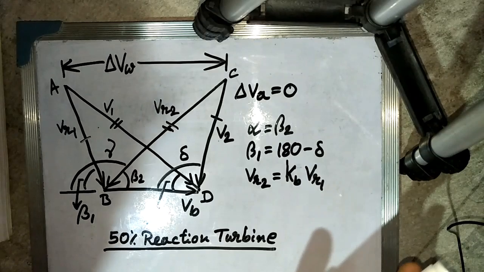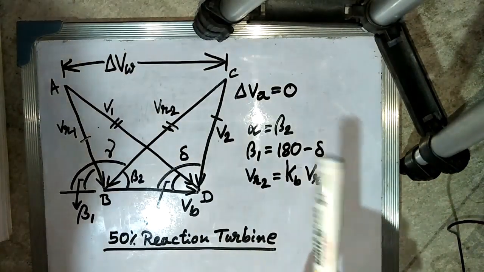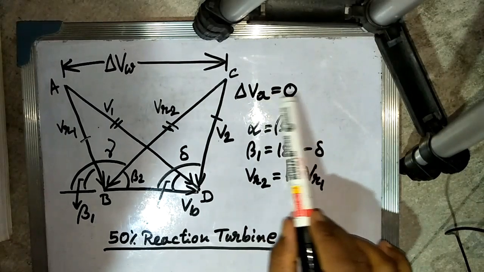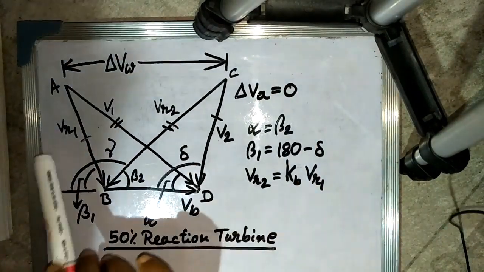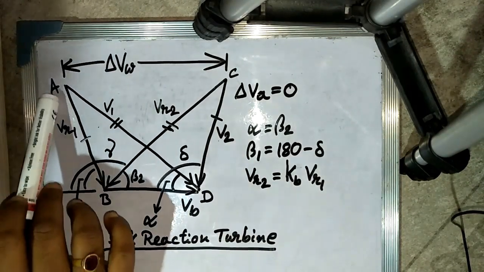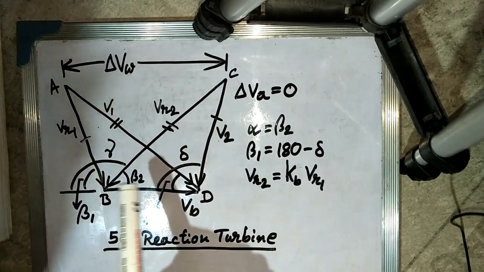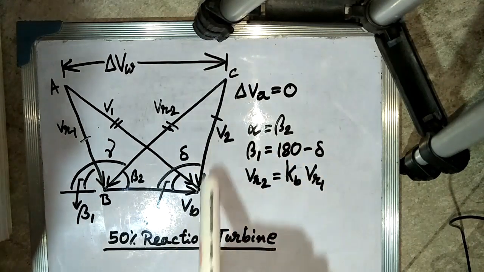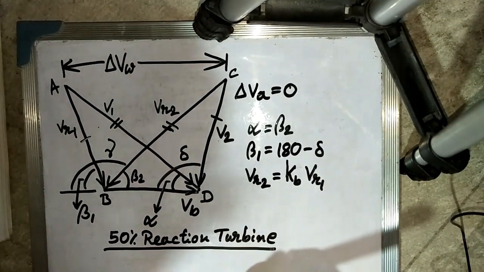The diagram is the same as the impulse turbine, but there is one difference: ΔVa is 0 for this kind of reaction turbine, and VR1 is equal to V2 because ABD is the inlet side velocity triangle and BCD is the outlet triangle. So these two triangles are similar triangles.